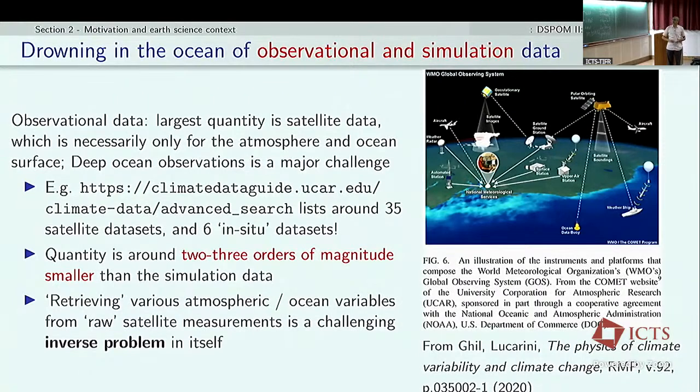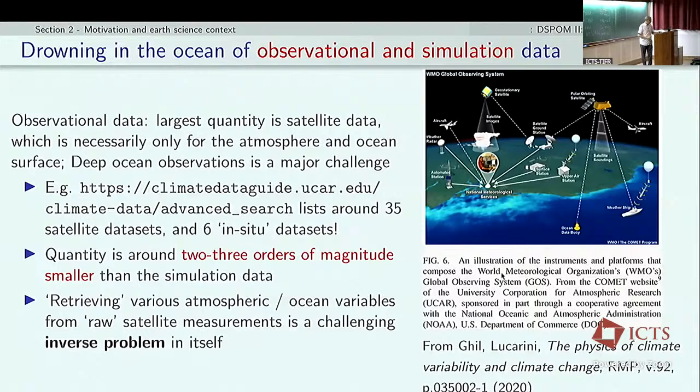The number of observations is extremely large. The number of satellites is growing very, very fast. Now with private companies sending satellites, the information is only exploding. So who knows what these numbers are. This review article over here is from 2020, so about 5 years ago, which is quite old.